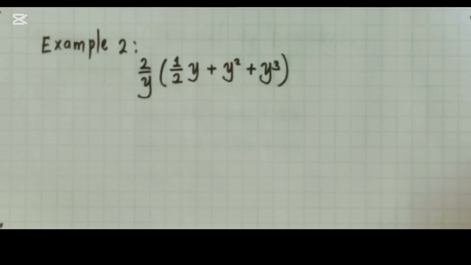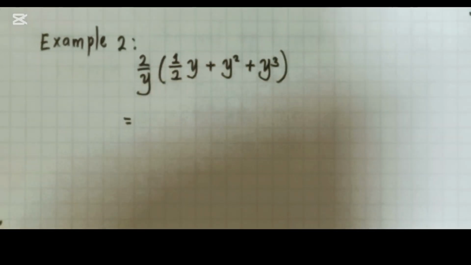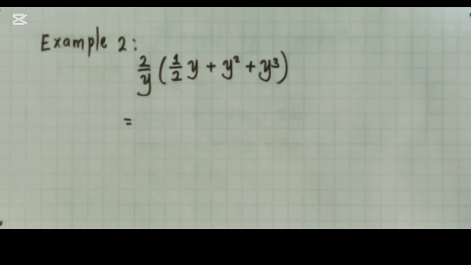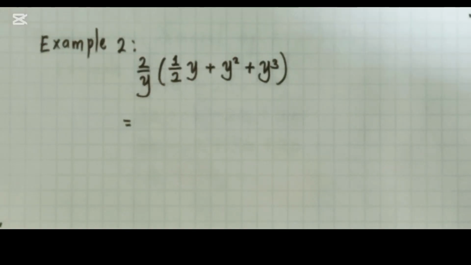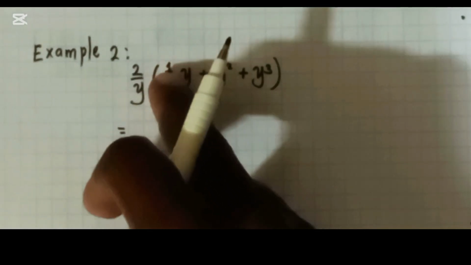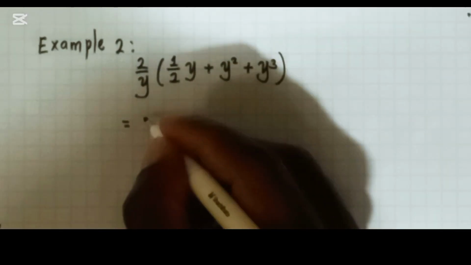So that will mean that we're going to have 2 over y times a half y for our first move. Now, trying to find the easiest way of putting this across, in our first move, y and y cancel each other out, and 2 and 2 also cancel each other out, as they share common factors. When y and y cancel each other out, we no longer have any variable there, and then 2 divided by 2 will basically give us 1.